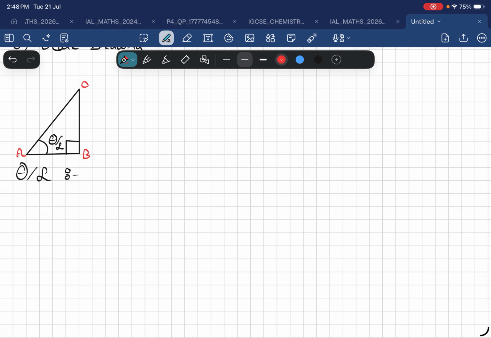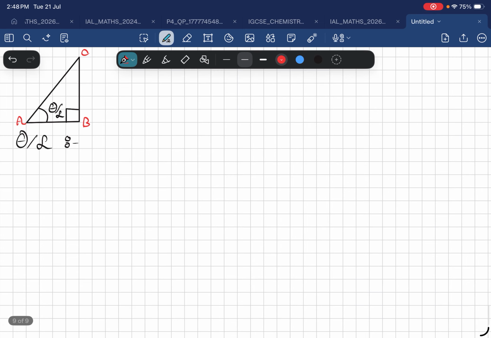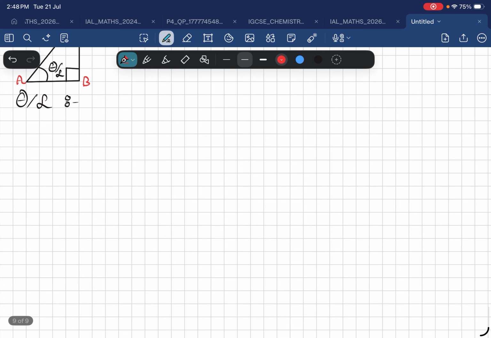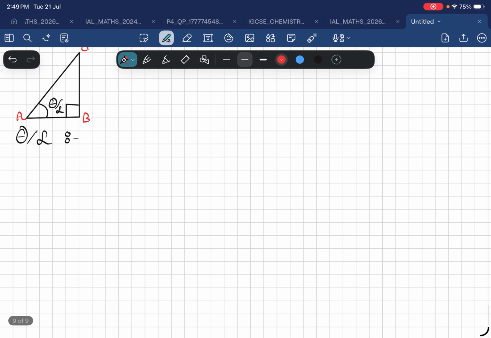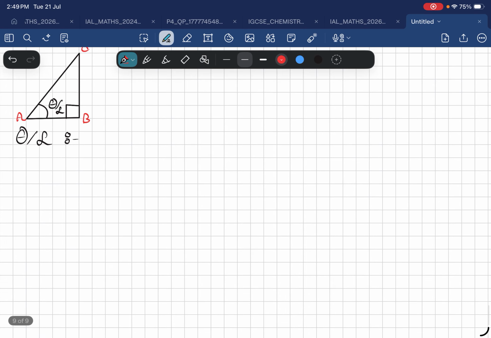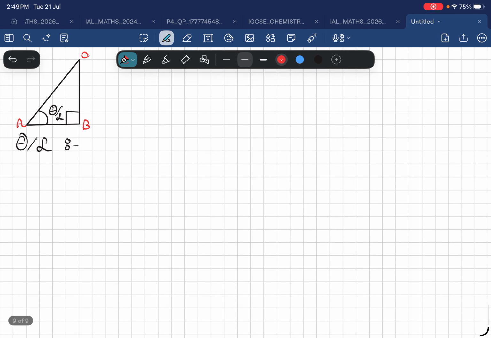Pythagoras theorem occurs in a right angle triangle, where the hypotenuse square, that means AC square, is equal to AB square plus BC square.